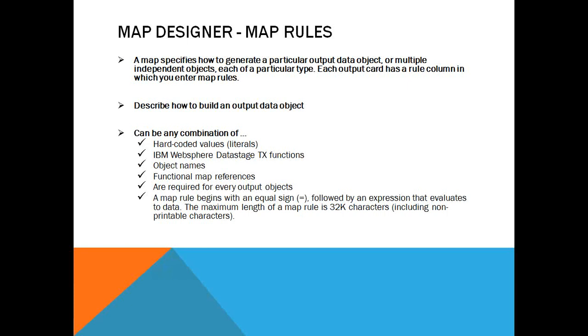Functional map references means you can create the functional map one time. Assume you have a project and you have created one functional map. Later, that functional map can be referenced in any future development. It is mostly used for common functionality, like a subroutine.